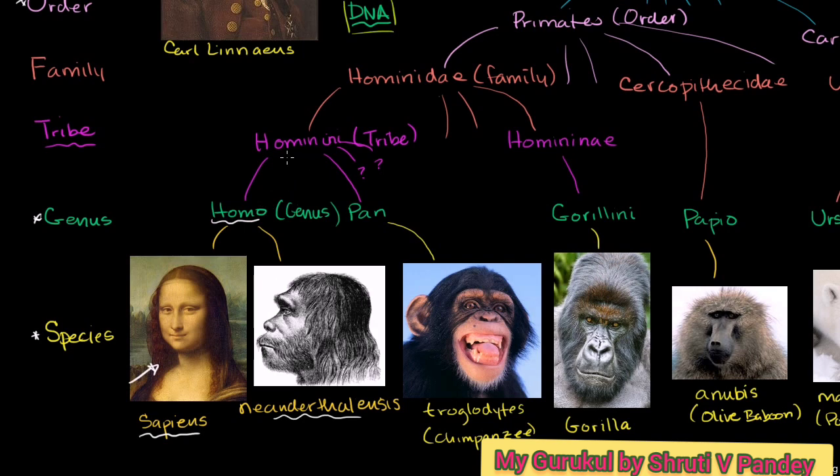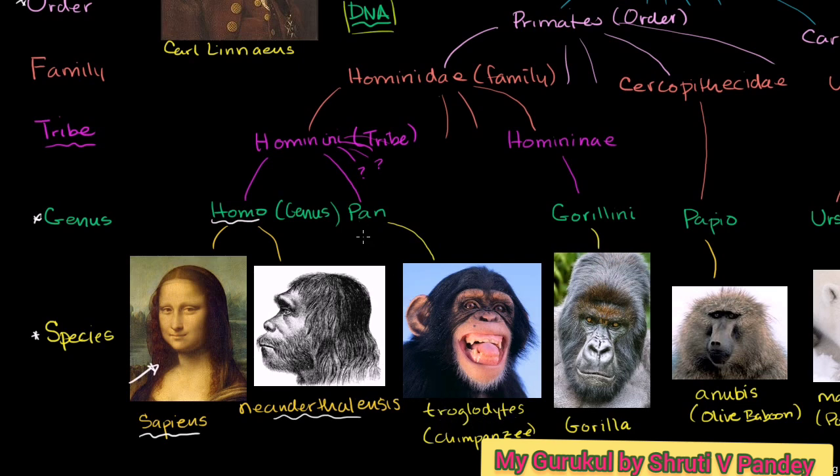You go a little bit further up, then you get to Hominini, and I'm sure I'm mispronouncing some of this as well, but another species that's in Hominini that is not in Homo, and I'm definitely not listing all of them, and that's why I'm showing all of these other branches over here, is what we call the common chimpanzee, and their genus is Pan, and their species is troglodytes.